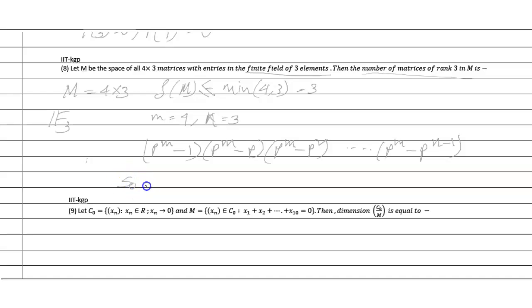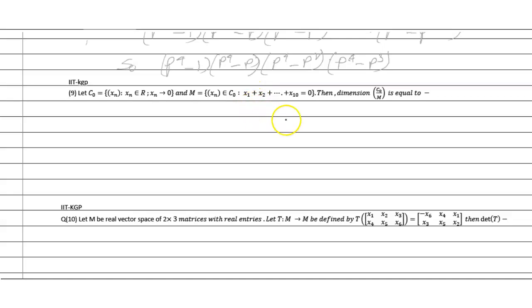So my answer should be P to the power 4 minus 1, P to the power 4 minus P, and P to the power 4 minus P square, up to P to the power 4 minus P cube. This is my answer. Now we will solve another question.